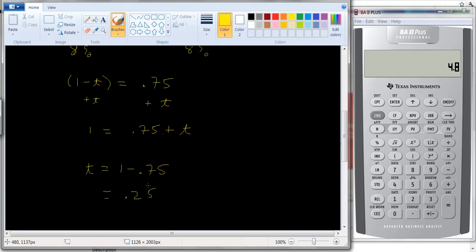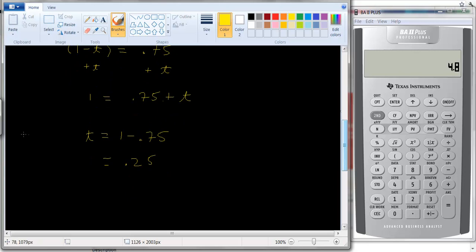So the 25% tax rate is where you would be indifferent between the taxable bond and the tax-free bond. If your tax rate is above 0.25, so if your rate is greater than 0.25, buy the tax-free bond.